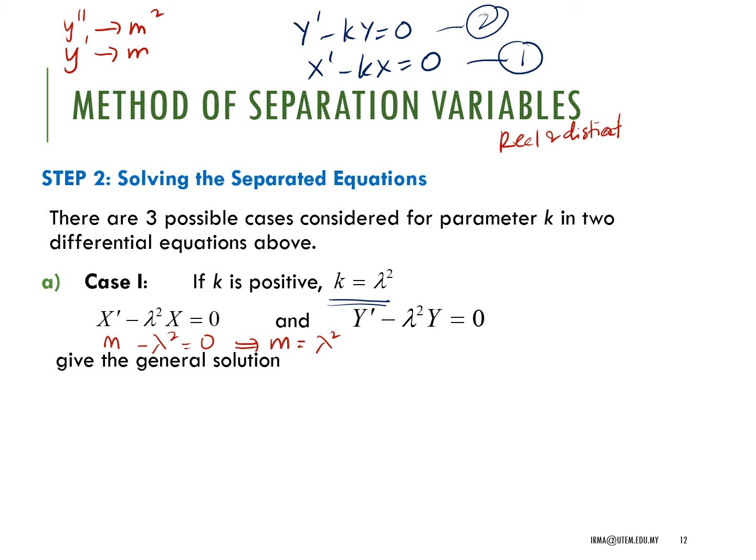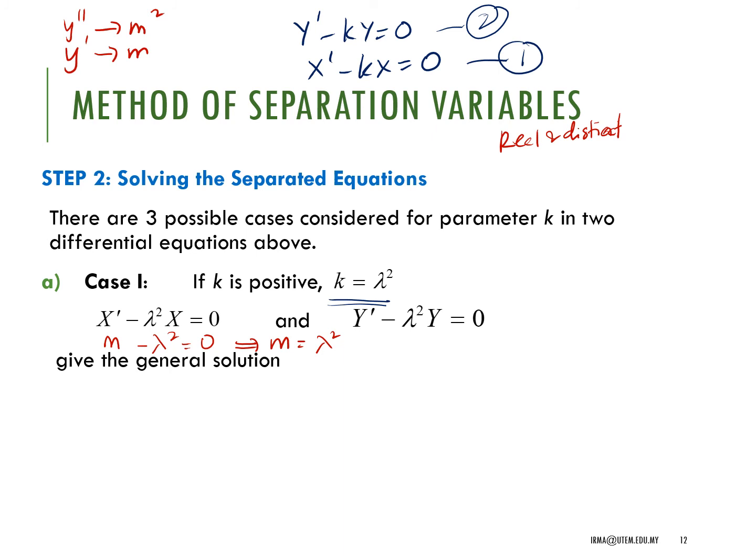So x prime minus lambda squared x, you can write in terms of the characteristic equation, m minus lambda squared equal to 0, so the root is equal to lambda squared. You only have one root because this is linear.